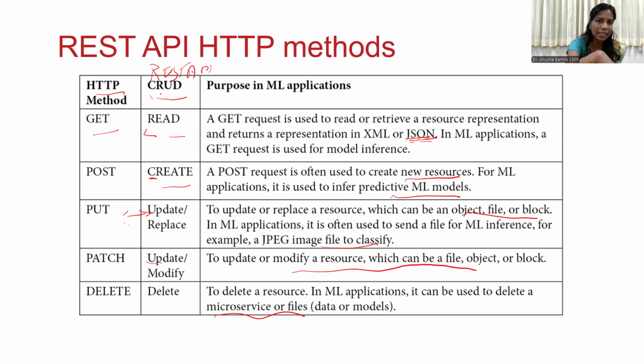Just create, read, update, and delete. These are the methods used in the REST API. Okay, so what are the methods used in REST API? Create, read, update, and delete. Shortly, they are called CRUD methods. These are the REST API methods used to access machine learning applications.